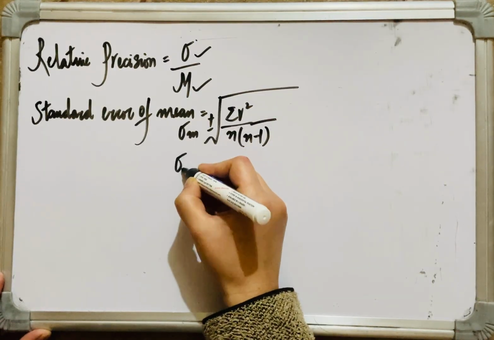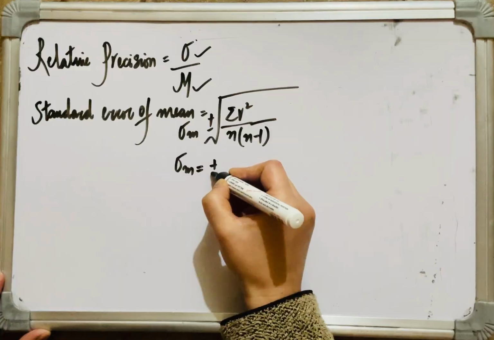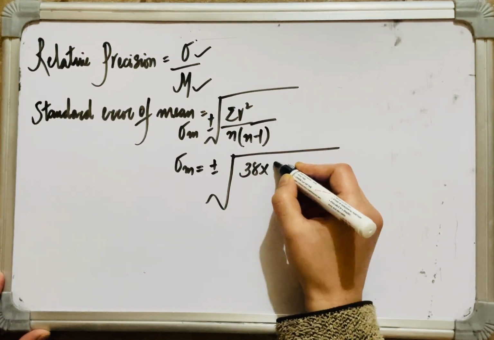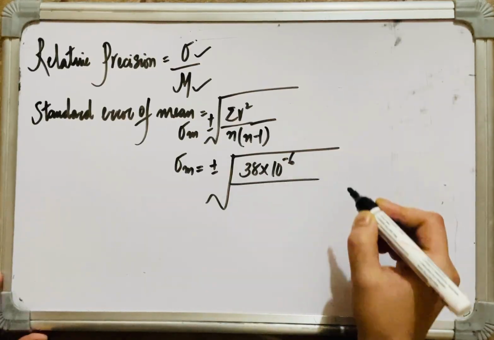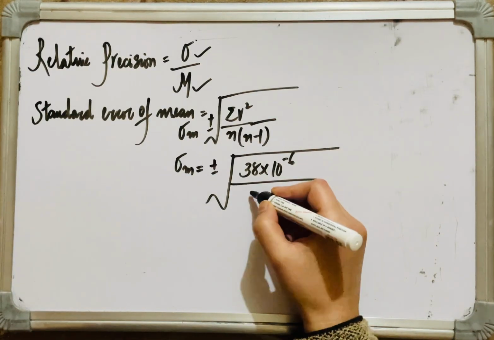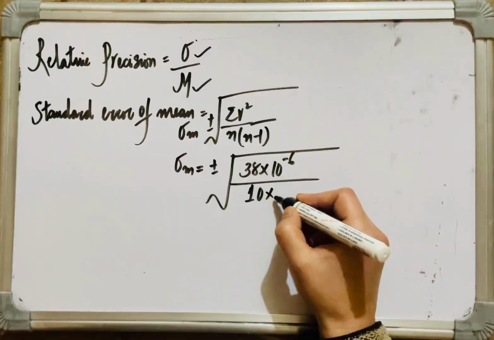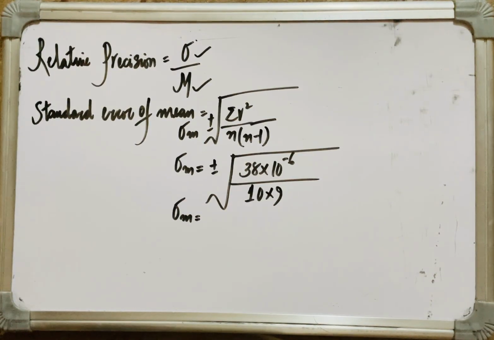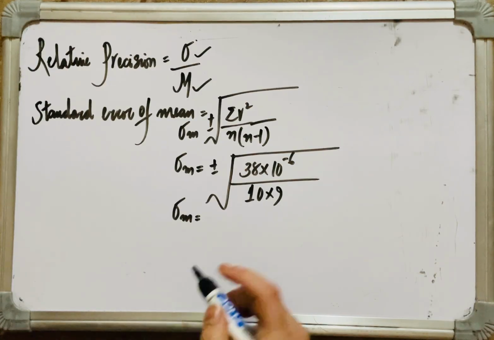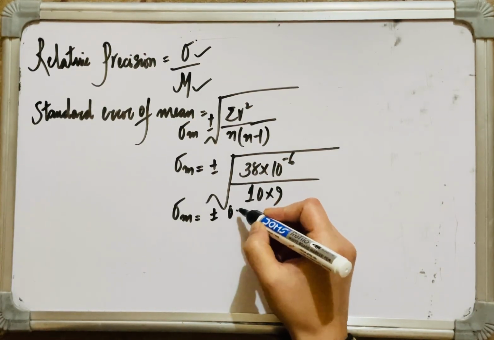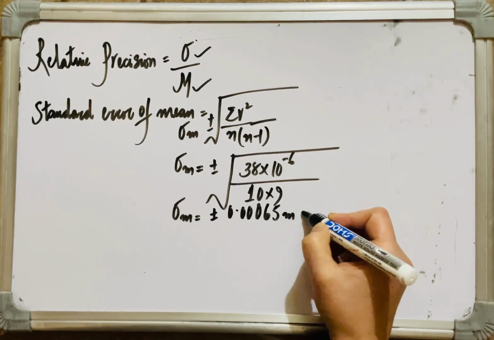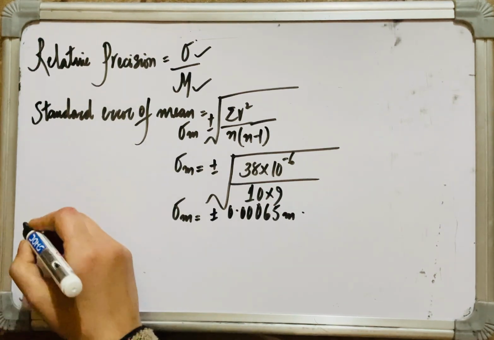And we calculated the summation of v square, which is equal to 38 into 10 raised power minus 6. How many measurements have been taken? 10 measurements have been taken, so it's 10 into 9. By calculations, standard error of the mean is equal to plus minus 0.00065 meters.